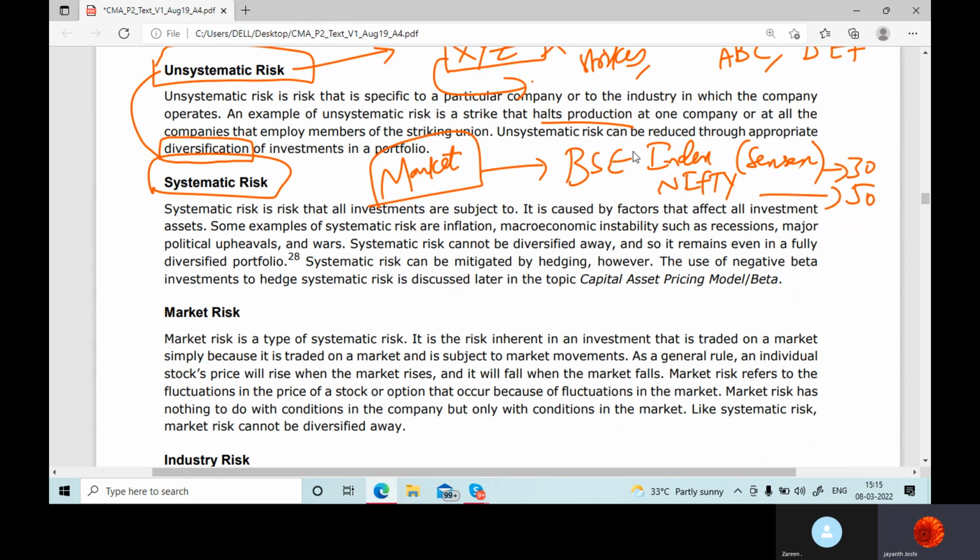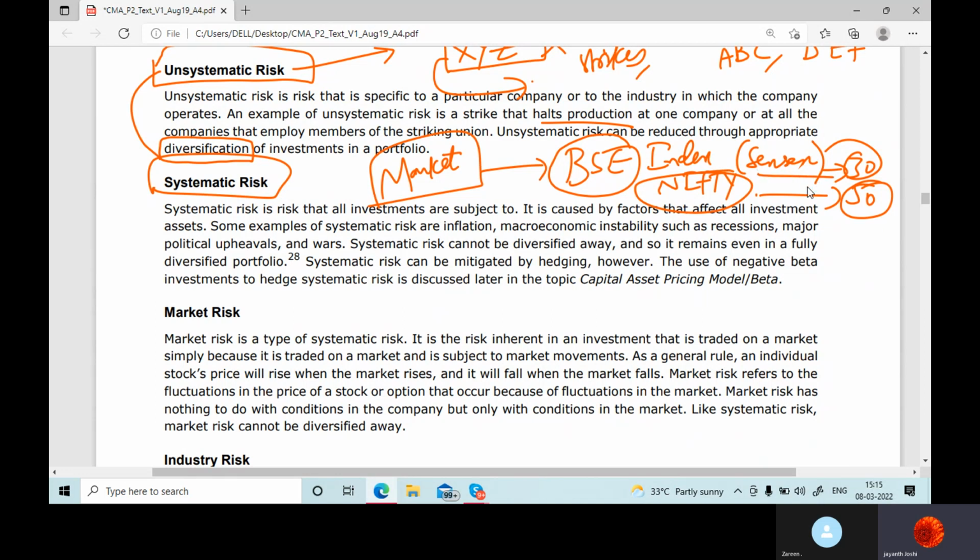So if I buy the stocks of the BSE index or the Nifty index, what happens? These 50 companies are a part of Nifty, and 30 companies are a part of Sensex.